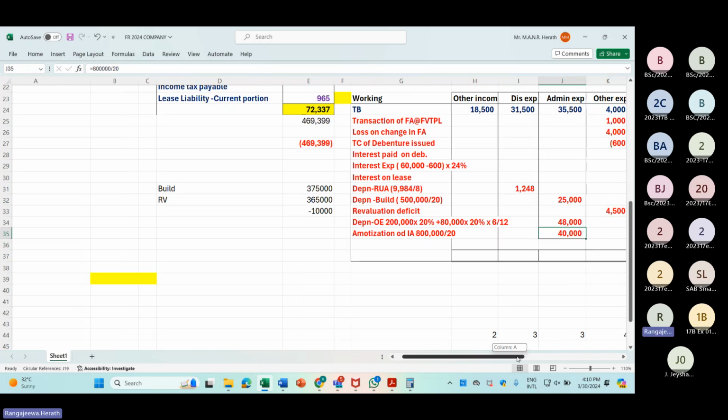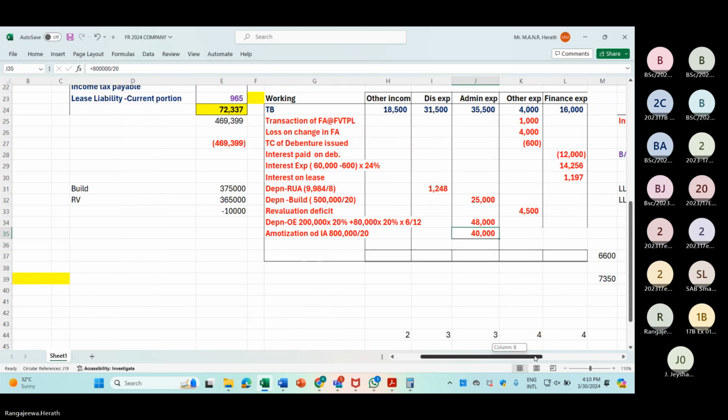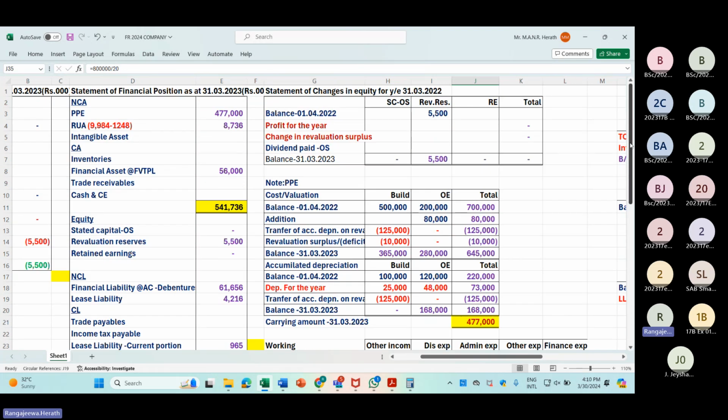I take it as admin expenses, 40. Amortization 40. So the intangible asset is 800,000 minus 40, and now it becomes 760.